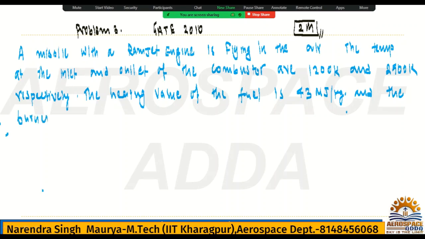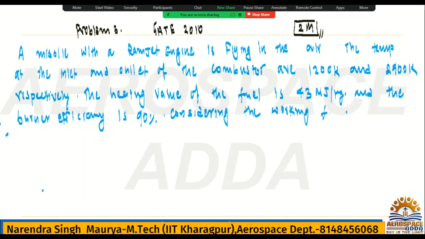And the burner efficiency is 90%, considering the working fluid to be air.